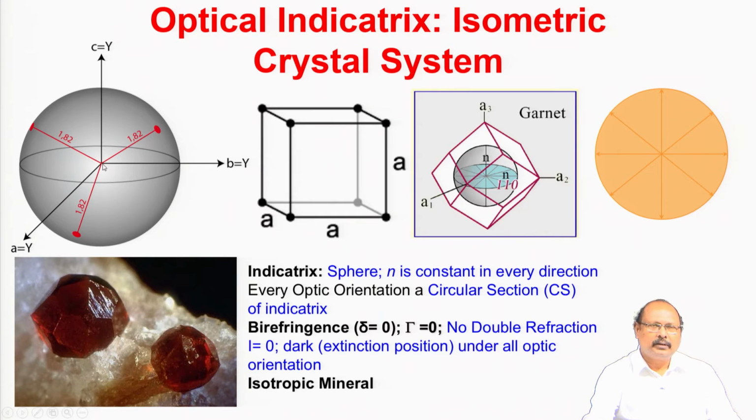And if you draw a perpendicular to this circle, you will define shortly that the direction will be the optic axis of the mineral. So, at this stage I will just comment that in the case of isotropic mineral groups, there are an infinite number of optic axes, and that is an important property of the isotropic mineral group.